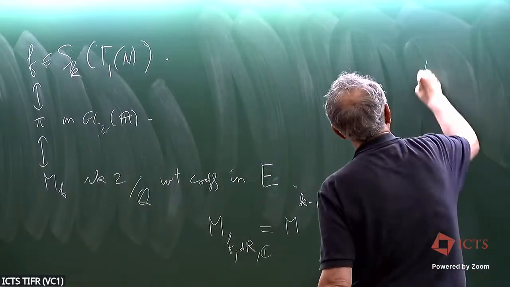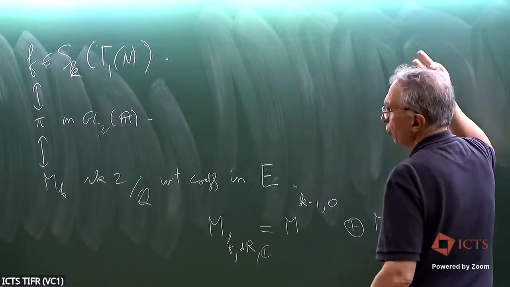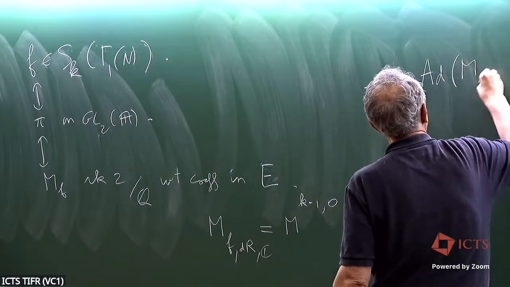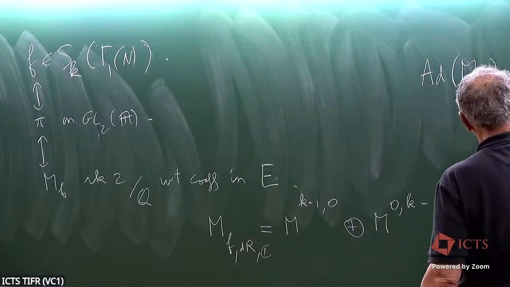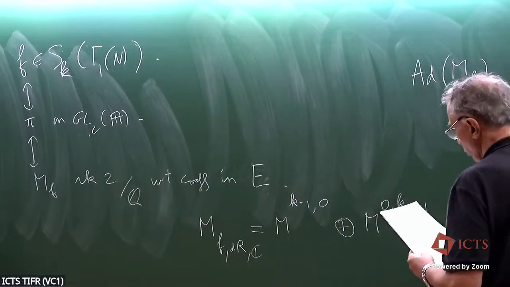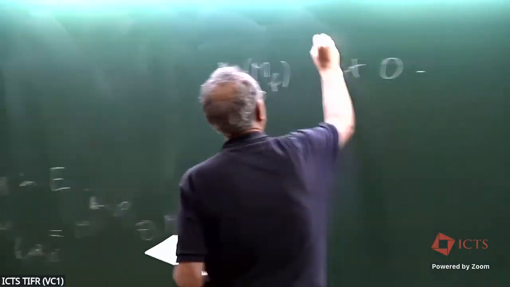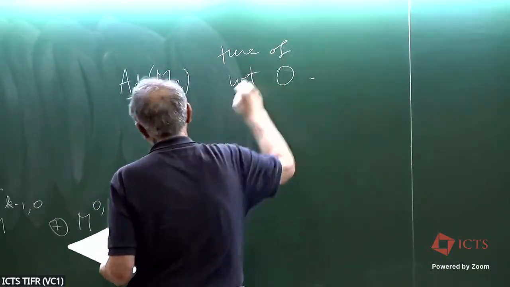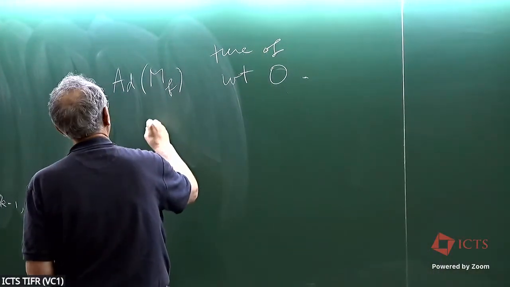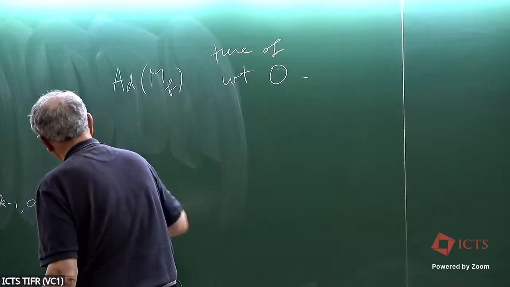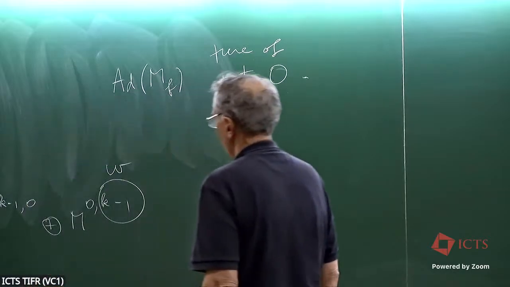But if we consider the adjoint motive, ad^0 M_f, this is a motive of weight 0 and pure. It has Hodge-Tate weights, and this number I call the weight.